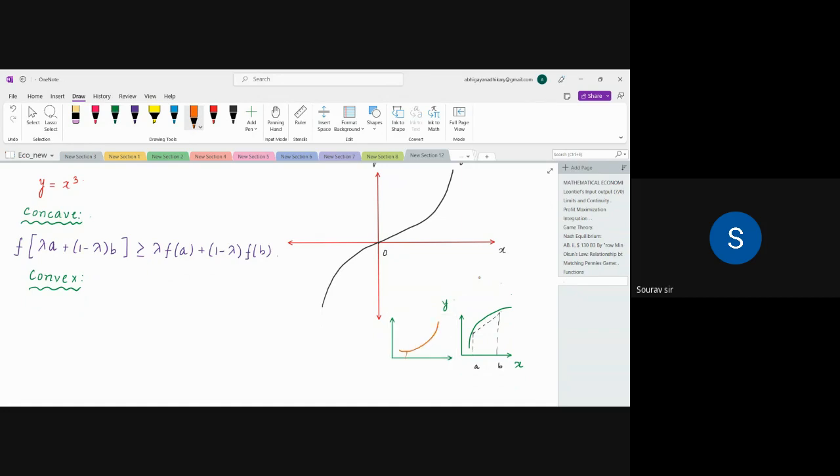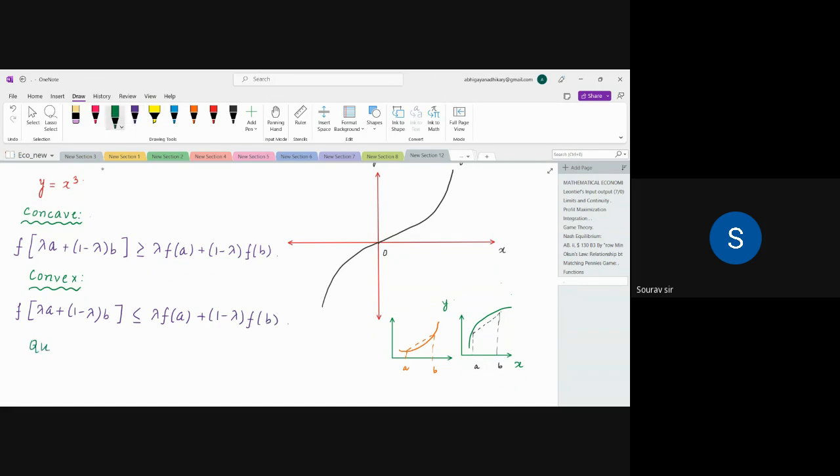So if you take any two points, the line would be above the curve. That means the inequality would just switch. So the function of lambda a plus 1 minus lambda b is less than or equal to lambda times f(a) plus 1 minus lambda times f(b).